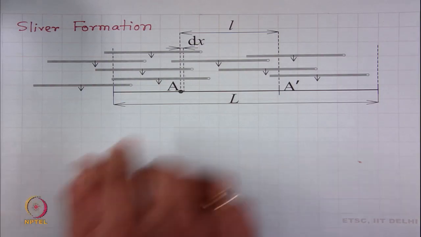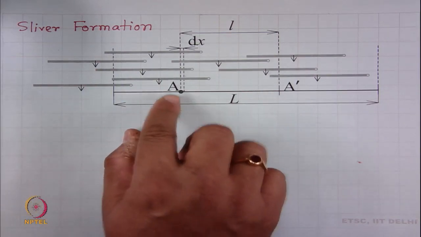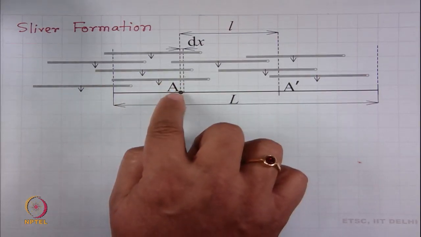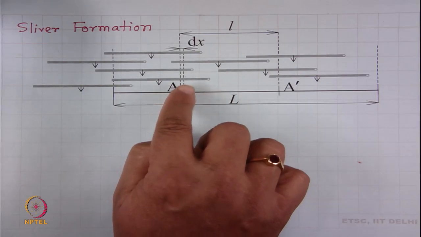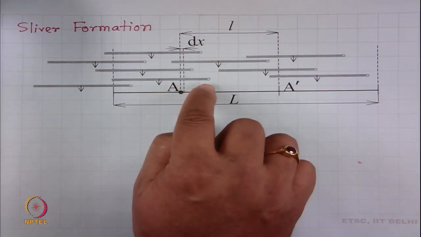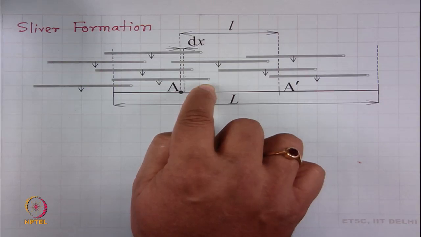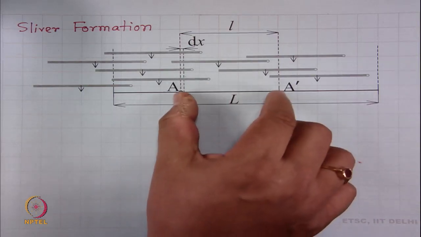Now, if a fiber is passing this line at A, that means the right end small circle of the fiber must be lying within a length small l.